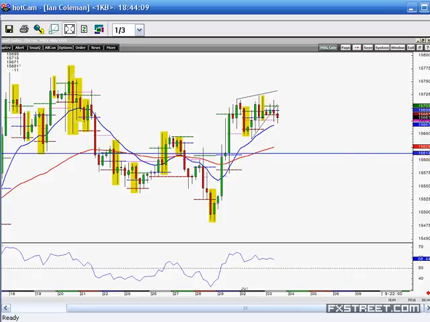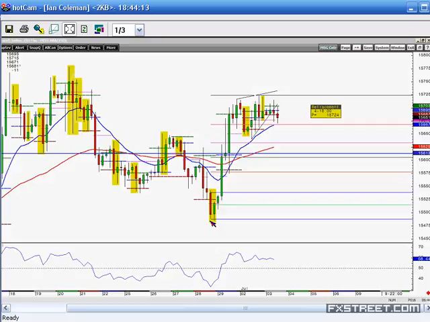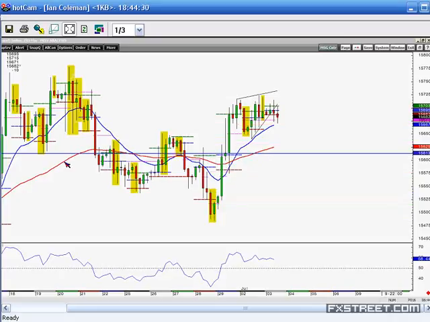So I've got 156.13. Again, using fib retracement tools, I want to see if anything lines up around that level. So I've got 50% here, 156.06. So I know that I've got a decent area of support down here. What else do we have? Well, we've got previous support, which broke, then became resistance.